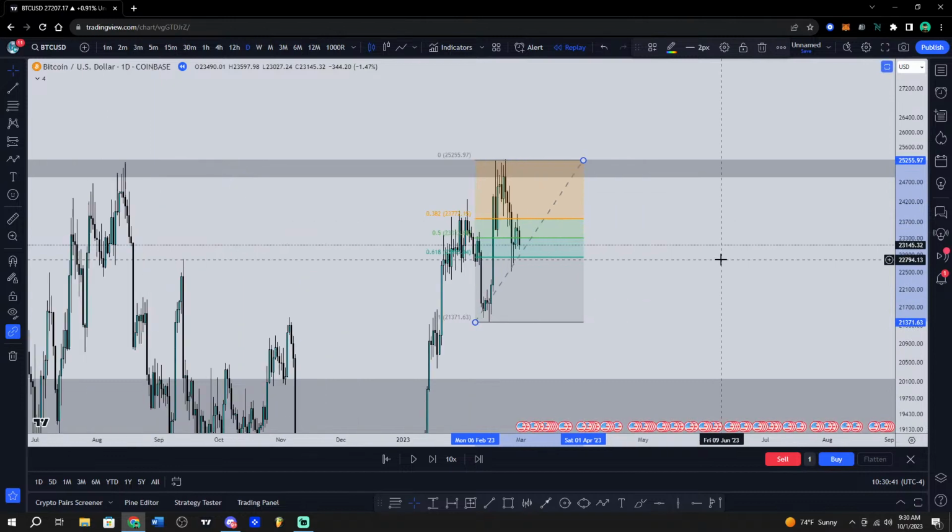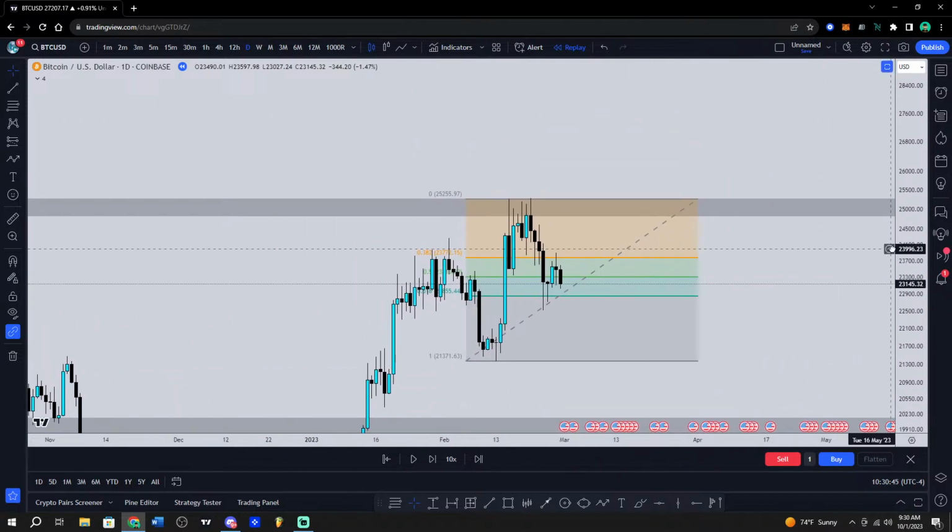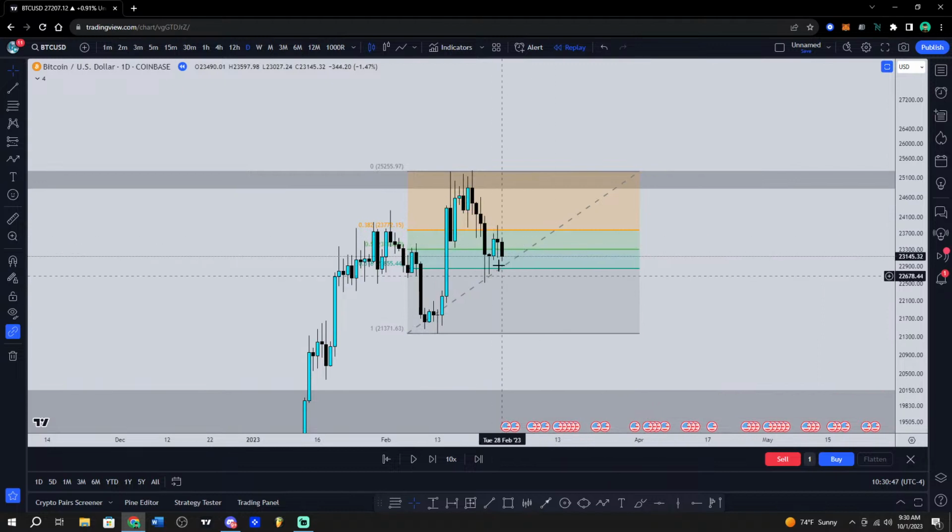You will notice that price does kind of react to this level here, but it's not really what we're looking for. What we're looking for is a big bounce off of these levels, but we're not getting it.